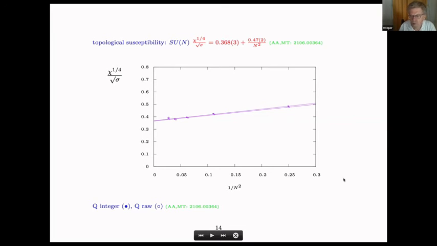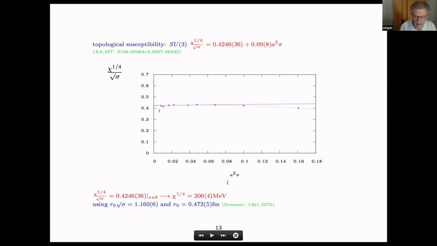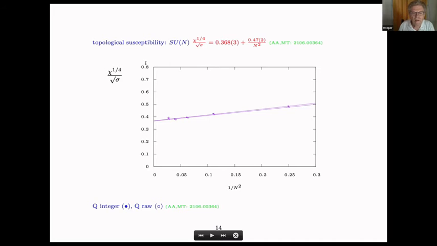If you take the ratio of this to this and rescale the 206 MeV, you get just over 178 MeV with an error of about 2 or 3 MeV. So it's consistent with the value that Massimo emphasized yesterday that you get from the Witten-Veneziano sum rule, which relates the susceptibility to the masses of the pseudo-Nambu-Goldstone bosons and the eta prime mass.